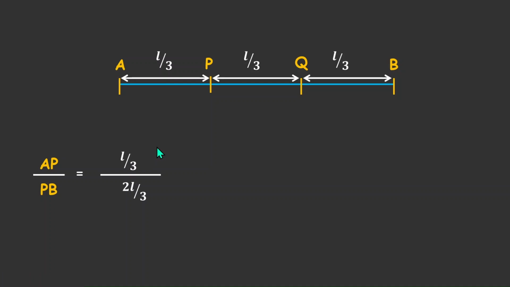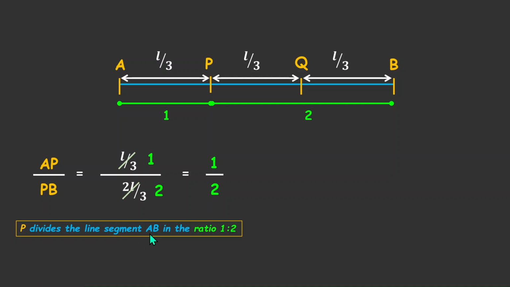And now L by 3 into 2 is 2L by 3, so this becomes 1 here, this becomes 2 here. So this is equal to 1 divided by 2. So P, this point, divides the line segment in the ratio 1:2. So we can write here that P divides the line segment AB in the ratio 1:2.